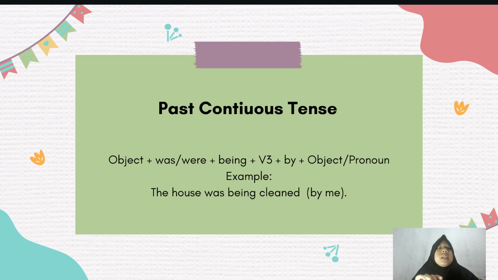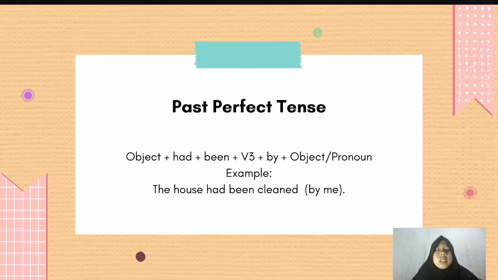Okay. Next, the past perfect tense is used to describe actions that had already been completed before another action in the past. To form the passive voice in the past perfect tense, we use had been followed by the past participle. For example, in active voice, "I had cleaned the house."